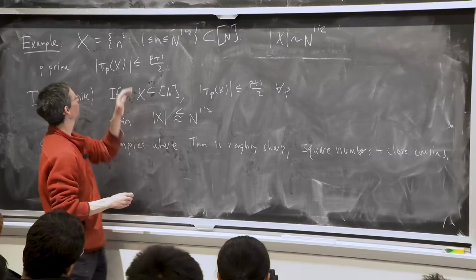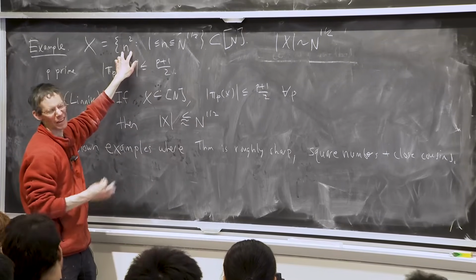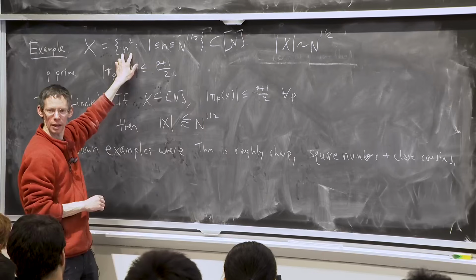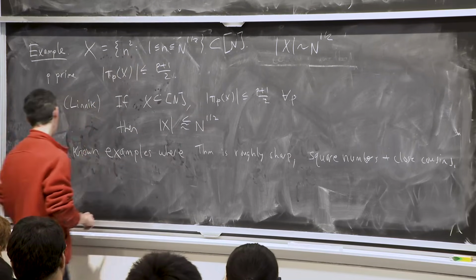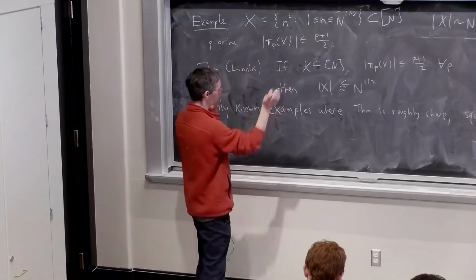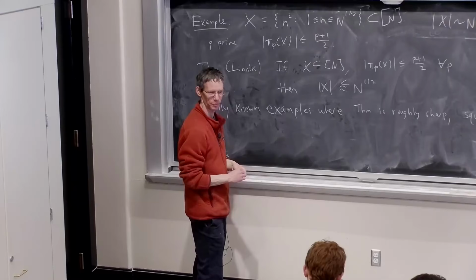You could replace this with another degree 2 polynomial in little n, and it's not hard to see it's kind of equivalent. And those are all the known examples.